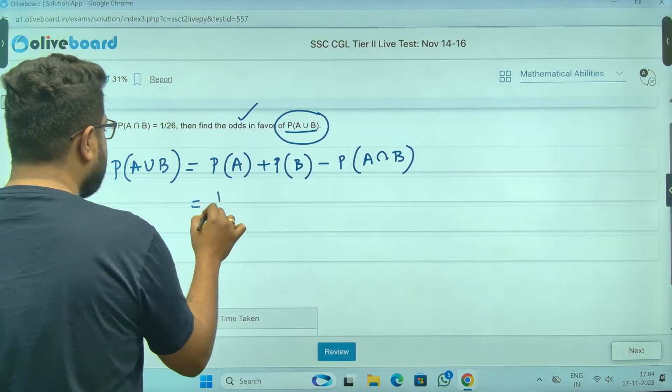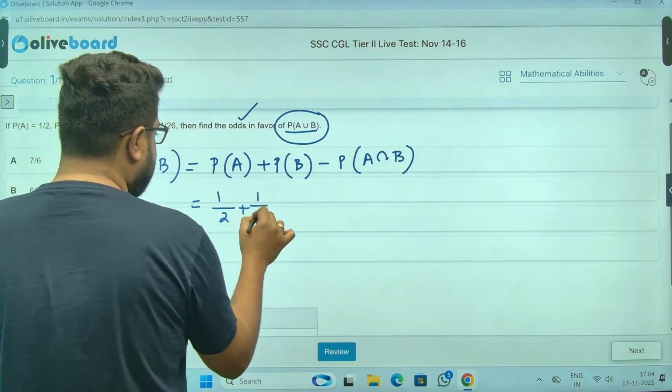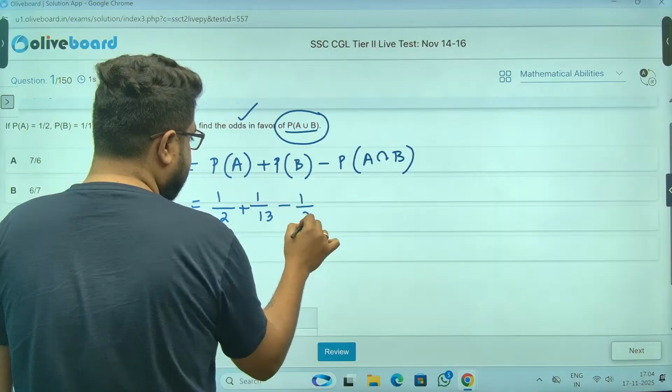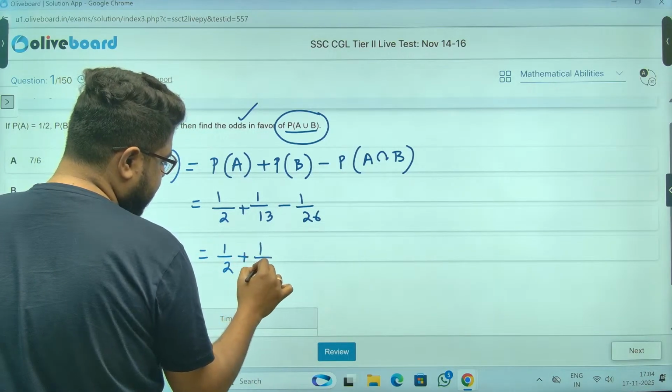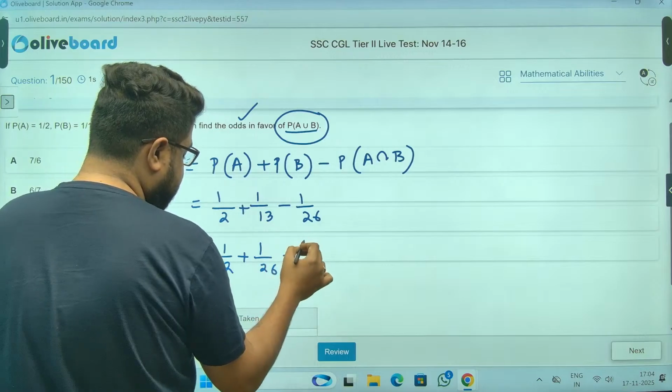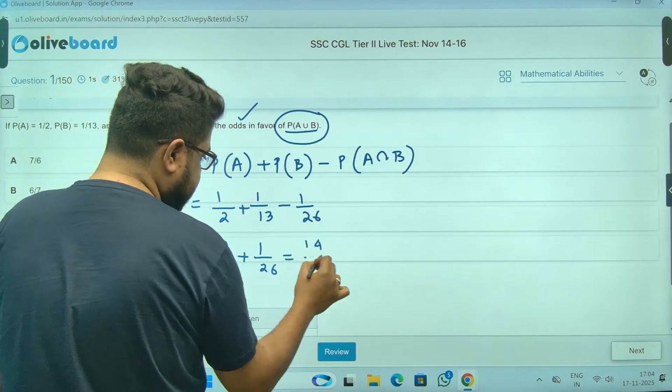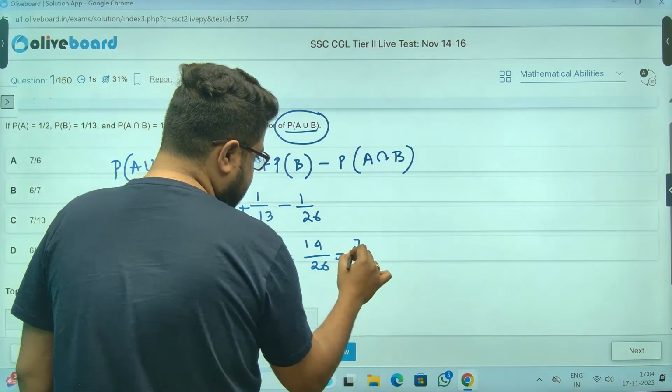So just put the values: 1 by 2 plus 1 by 13 minus 1 by 26. So 13 plus 1, 14 by 26, which is equal to 7 by 13.